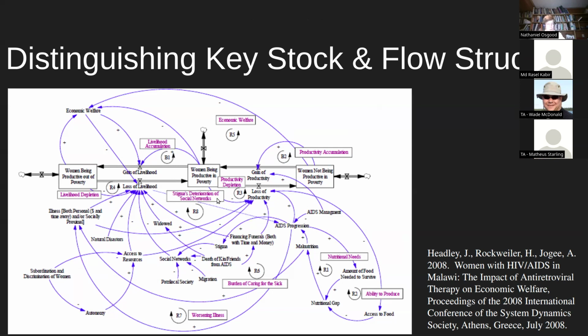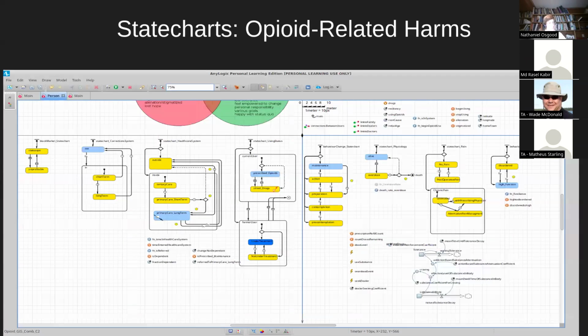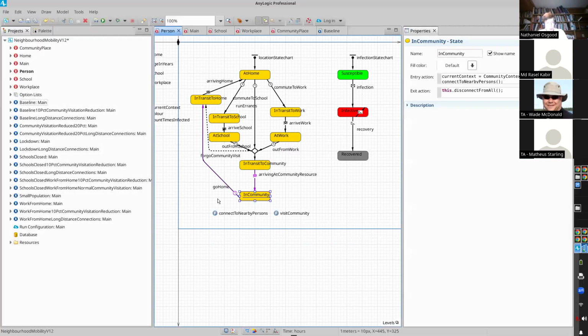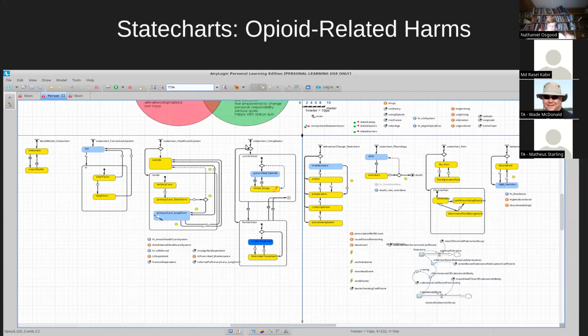This is not simulatable in its current form without formulas for all these things. This is what's called a system structure diagram. And I'm not showing a full stock and flow diagram with formulas. And we can do the same with the constructs we'll be using. You may remember these from our little model, these so-called state charts. These have well-defined mathematics associated with them, and they can be used to engage in discussion about our assumptions when it comes to things like someone's using status for substances, for say narcotics, or their interactions with the healthcare system, or their willingness to change.